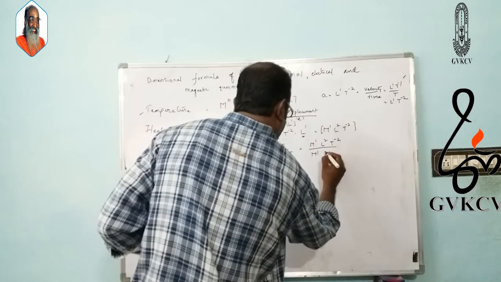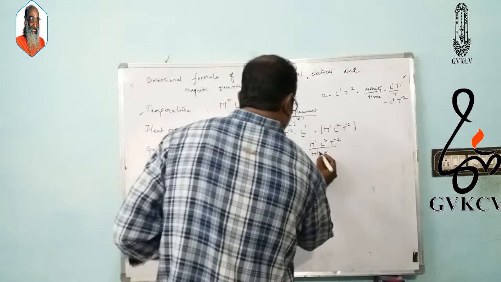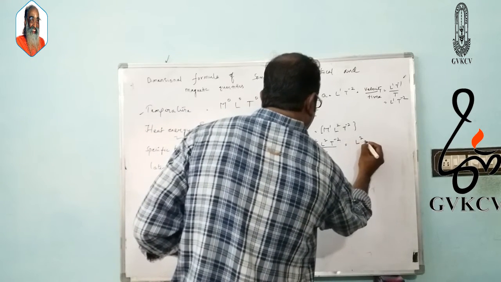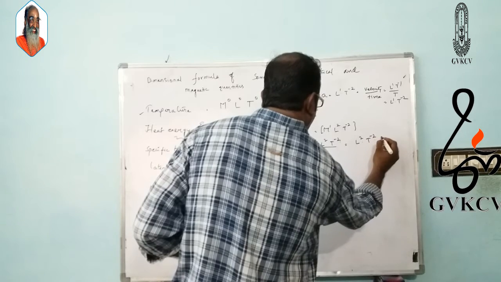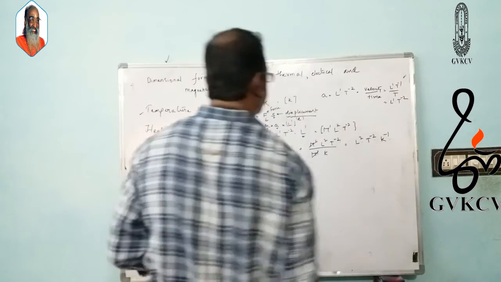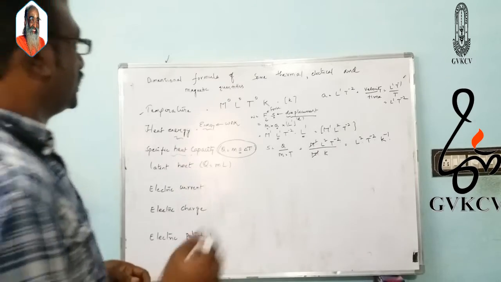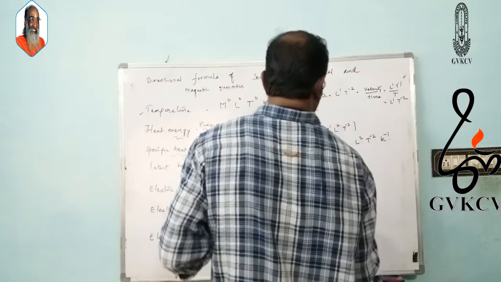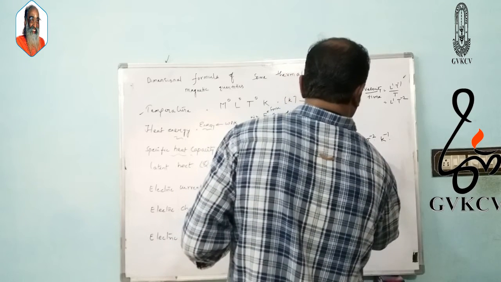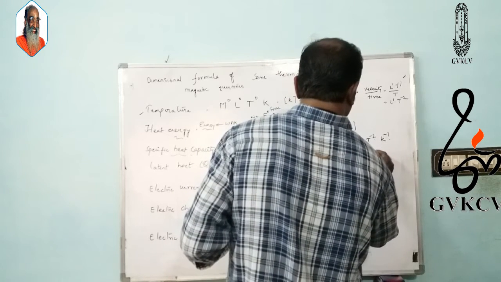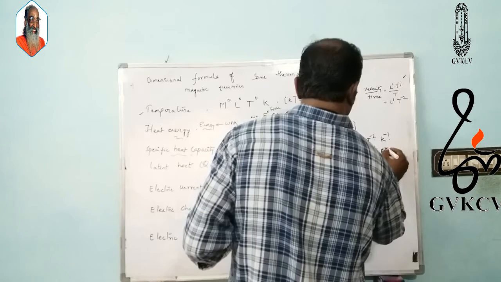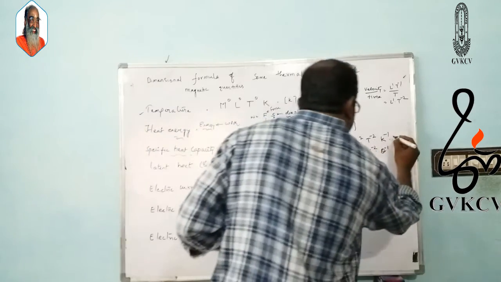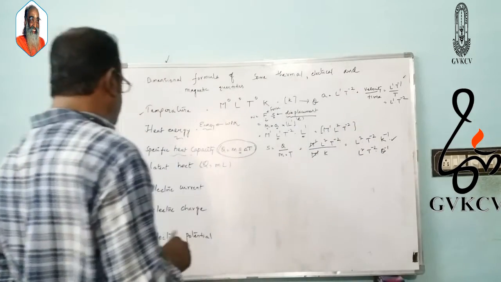So it is K. Now M goes away, so it is L2 T power minus 2 and K power minus 1. Sometimes instead of K, we use theta also, so you can write it as L2 T minus 2 theta to the power of minus 1. Generally just follow this instead of going with theta.